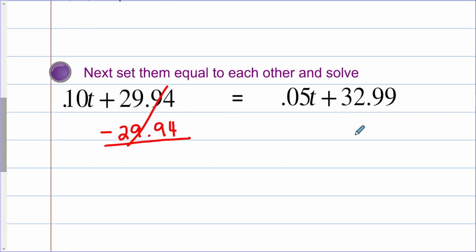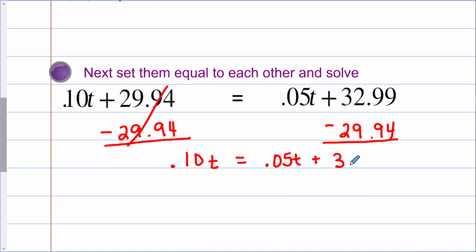But I also have to subtract it from this side. Now when I simplify, I'm just left with 0.10t equals 0.05t plus 3.05.